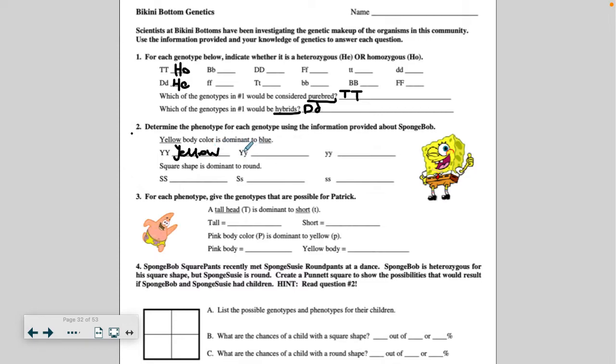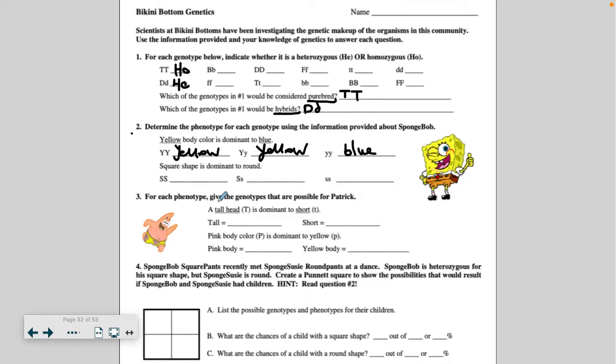If you have that capital letter, then you're going to be dominant, and that trait is yellow. Okay, little y, little y, two recessive letters. That means I'm going to have the recessive trait, so I'm going to write blue. So that's the second part, and you can do the square one on your own.